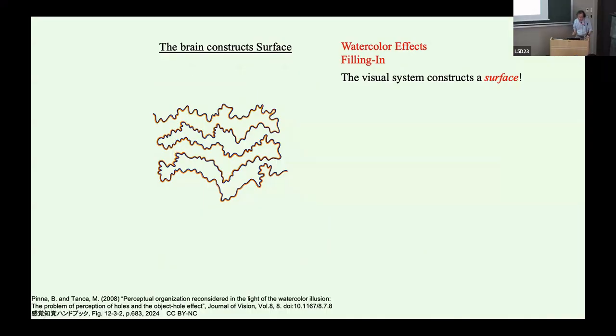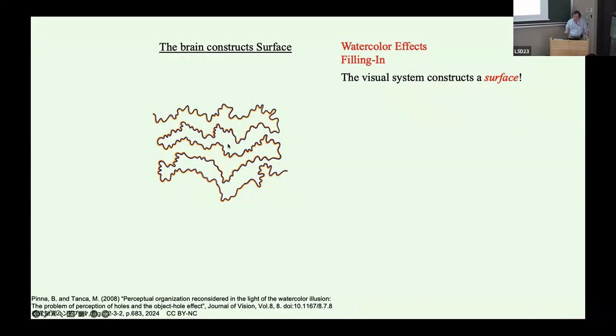If I erase this contour, of course, it disappears, right? So actually, this is white. But if I put this contour back, you can see a slight orange. This effect is also called filling in, because orange on one side of the border seems to spread into the surface, filling in the surface.